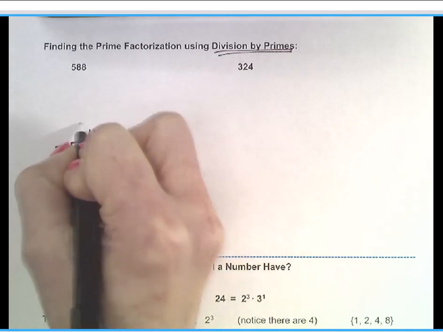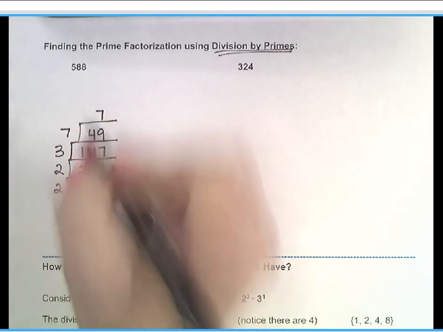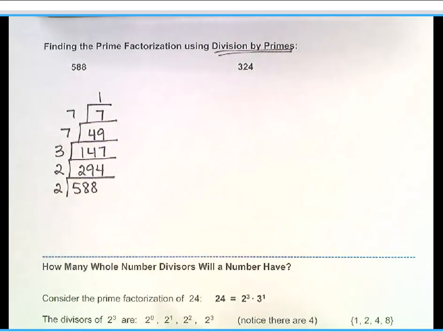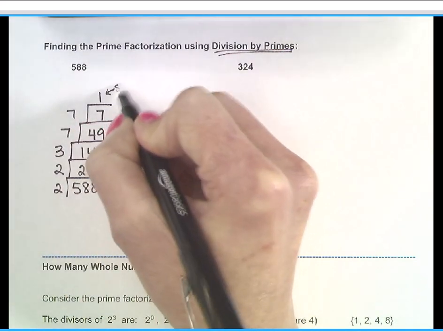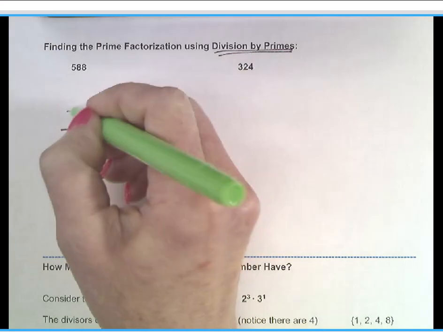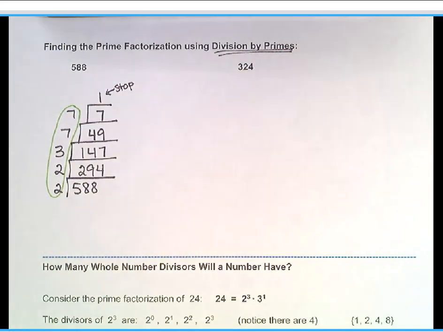And I happen to know that 49 is divisible by 7. You get 7. And 7 is divisible by 7. You basically go until you get 1 up here at the top. So you stop once you get to 1. And your prime factorization is going to be all of these numbers that are along the left-hand side.